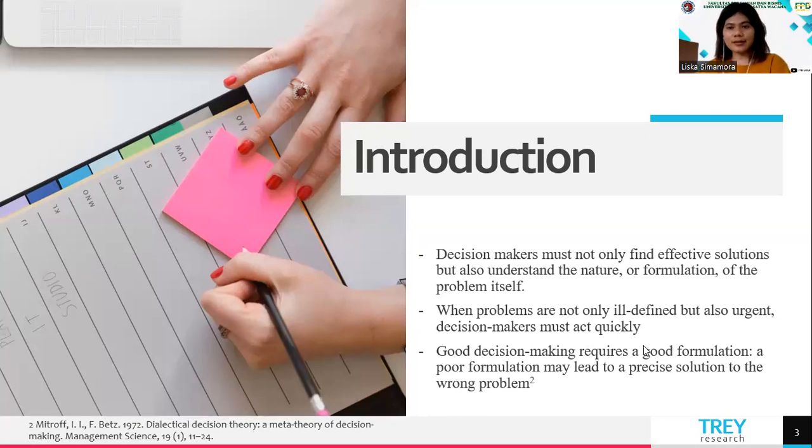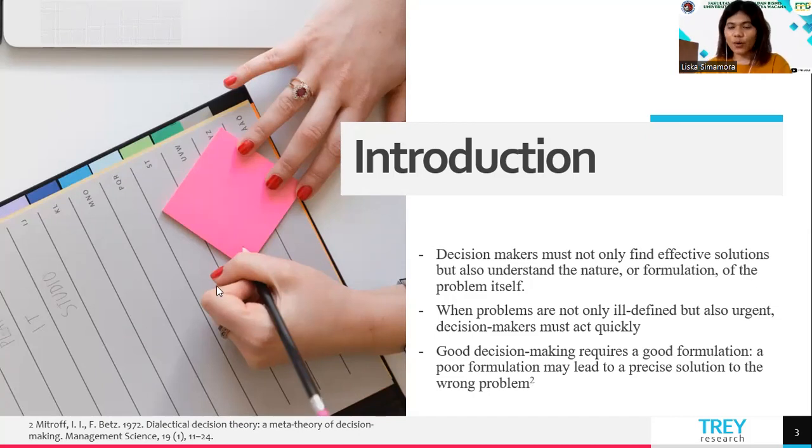That is why in this chapter we have to learn the types of problem and identify the nature of our problem, whether it is ill-defined or urgent. By being able to recognize this kind of problems, the decision maker knows which one needs to be prioritized, right? There are so many problems, but as a decision maker, we have to solve the one that is so urgent.